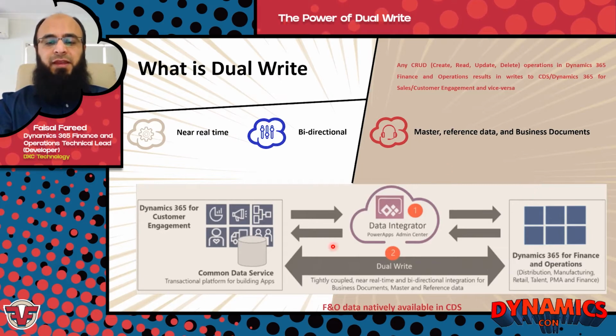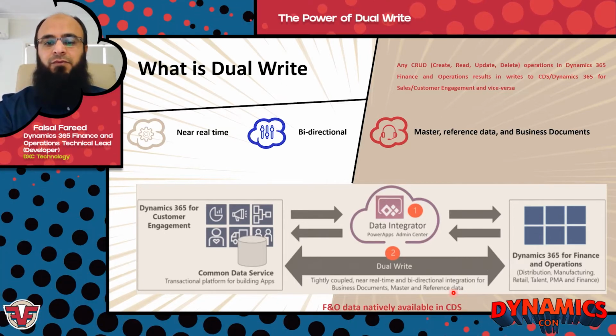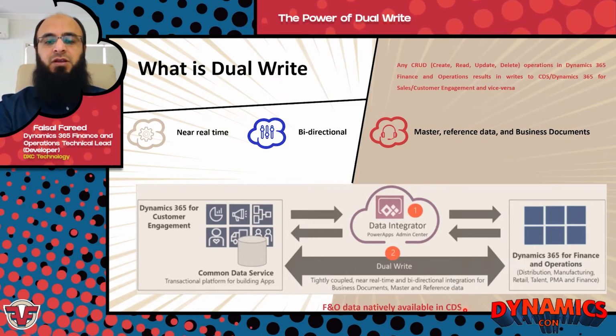The last benefit of having dual write is that you will have your F&O data directly, or natively, available in CDS. If you are a Power Platform user or a Power Platform lover, you can think of it this way: Microsoft ERP is the biggest ERP right now.